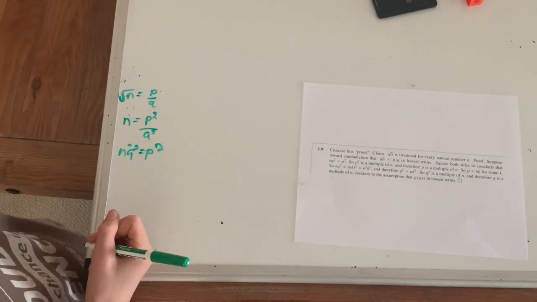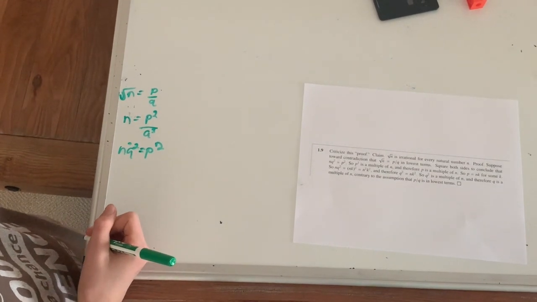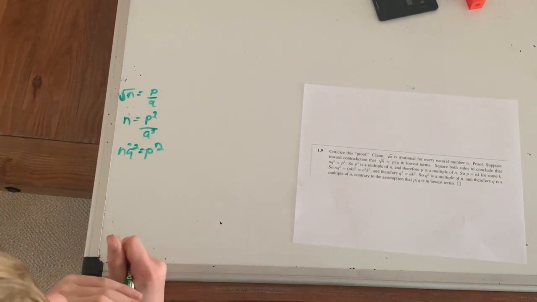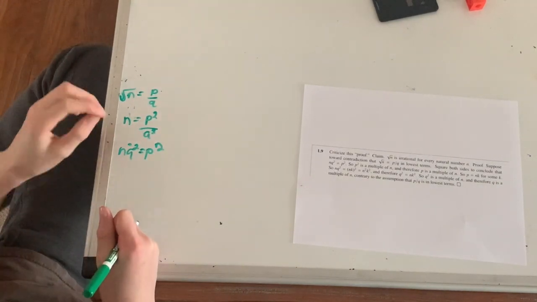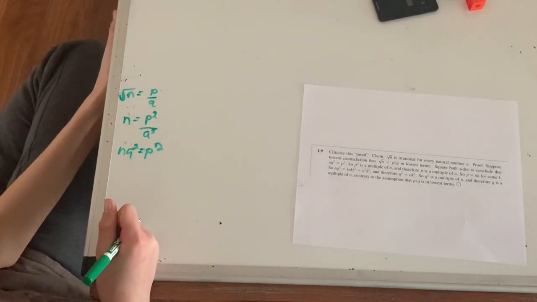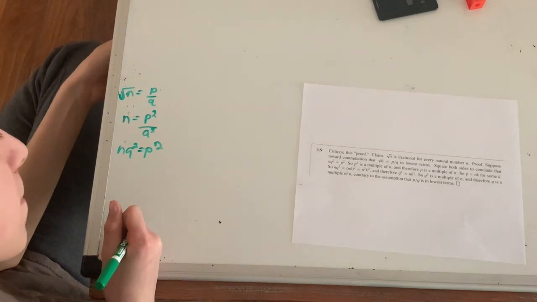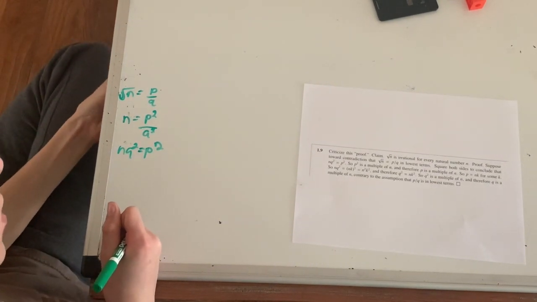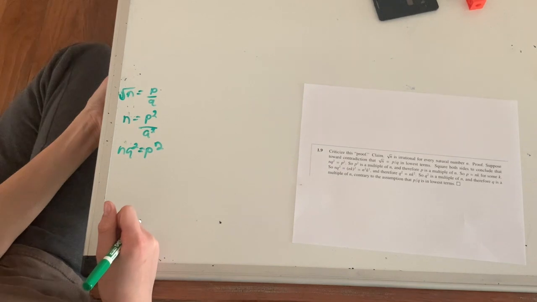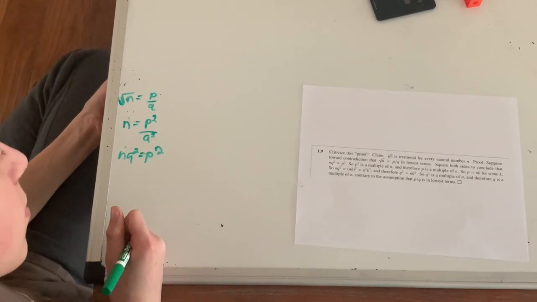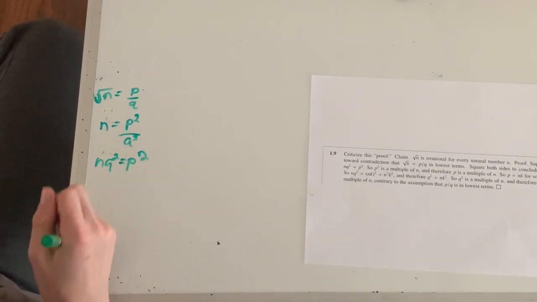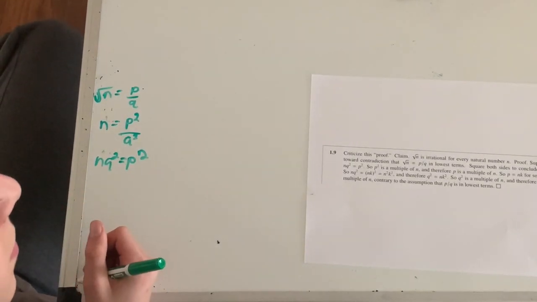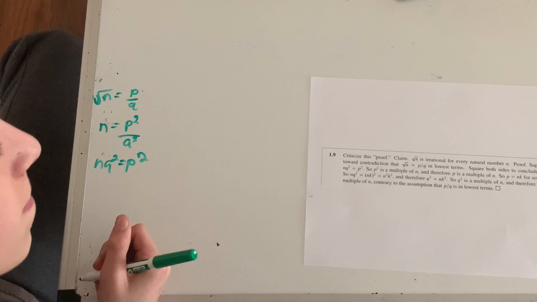P squared is a multiple of n. Let's see, P squared is a multiple of n. Is that statement true? n Q squared is, yeah, so that does have to be true. P squared is a multiple of n. Yep.